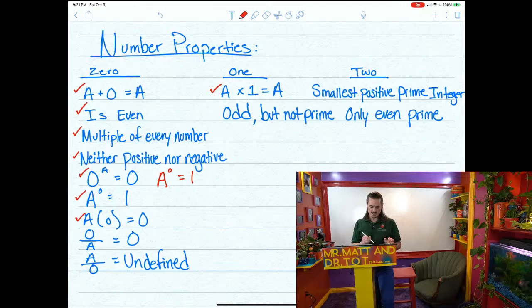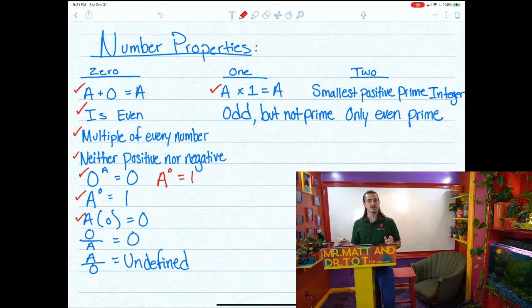The last two: 0 divided by any number is always 0, but any number divided by 0 is undefined. Remember that division is the separation of items or an amount of something into equal groups.